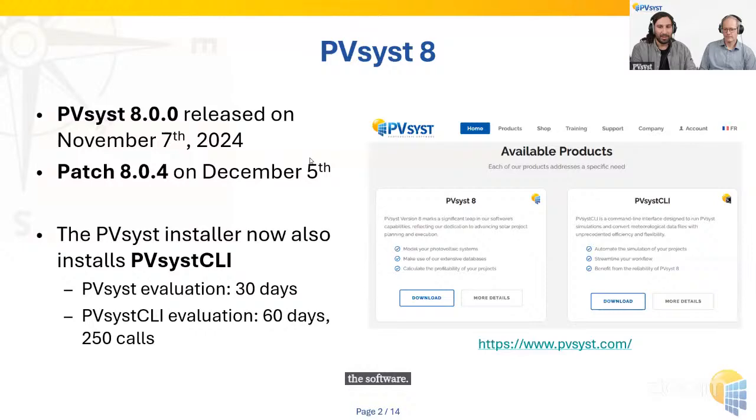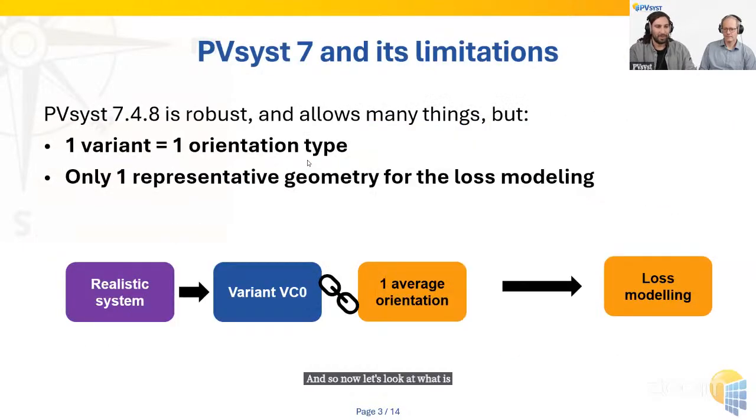Now let's look at what the state of PVsystCLI 7 was, what the limitations were, and why we decided to develop PVsystCLI 8. PVsystCLI 7, in particular the last version, 7.4.8, is quite robust and can model many diverse complex systems. But it has one fundamental limitation: most of the time, one variant corresponded to one orientation.